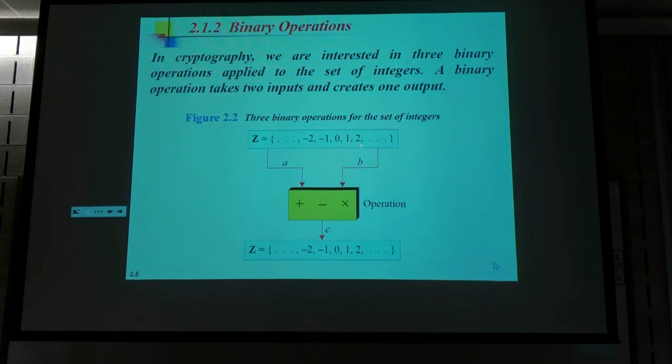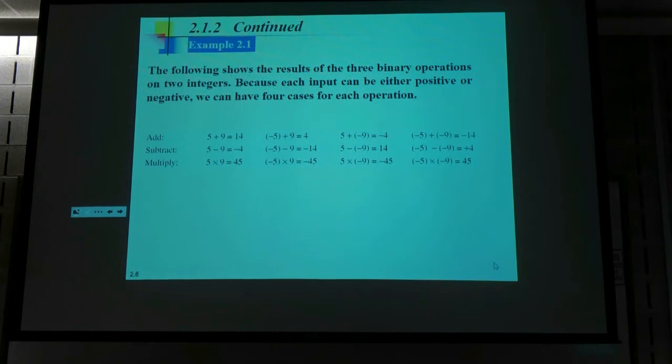So if you do 2 plus 1, it will be 3. 3 is part of the set. It does not go to a different set. These are examples of the operations that you learned in elementary school. Add, subtract, and multiply. And you have to be aware of whether the number is positive or negative.